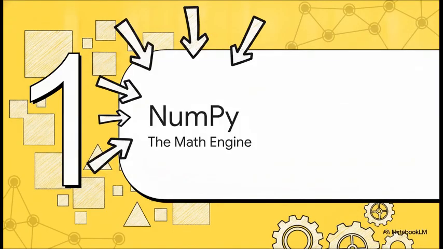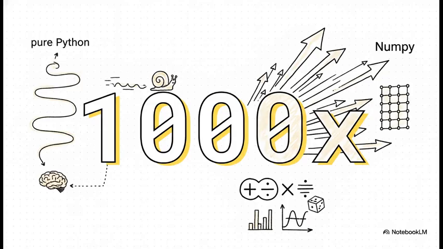So first up, number 1, NumPy, the math engine. NumPy is really the scientific computing foundation of the entire Python ecosystem. And its defining feature? It's this pretty staggering number. NumPy operations can be up to 1,000 times faster than pure Python. Just think about that for a second.